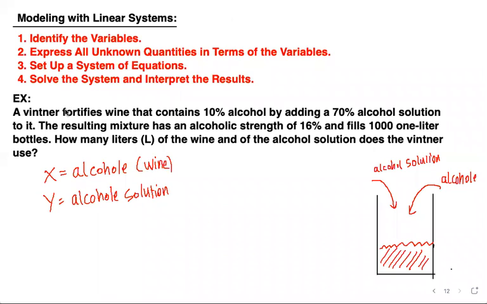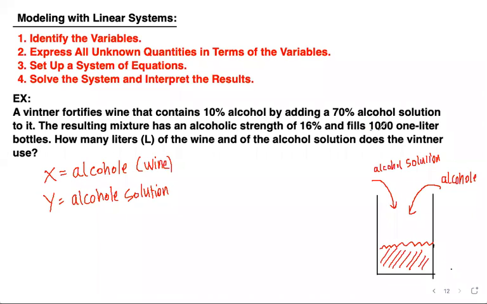If I read the question again, they said 10% alcohol, by adding a 70% alcohol solution to it. The resulting mixture has an alcohol strength of 16% and fills what? 1000 liters of the bottle.